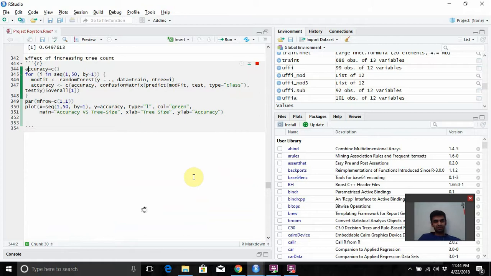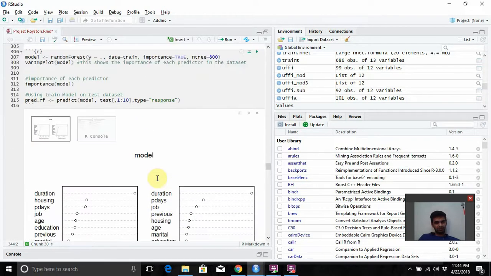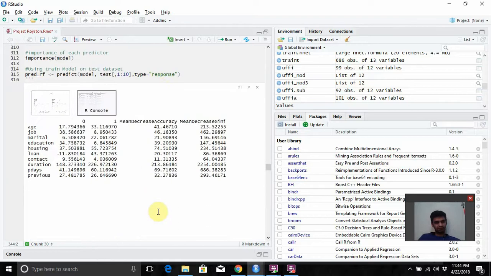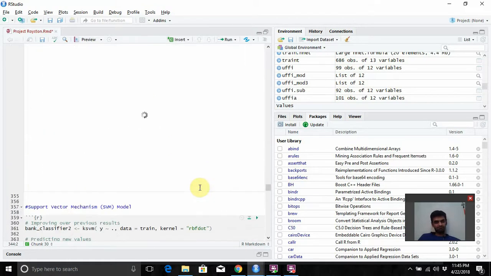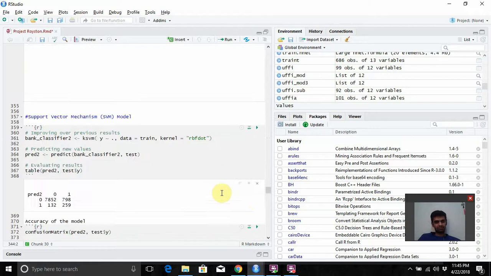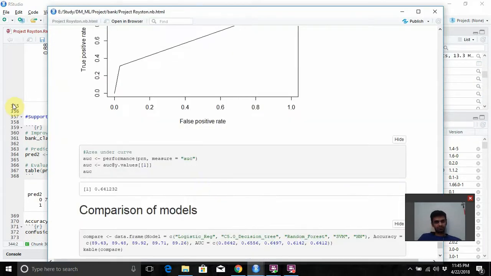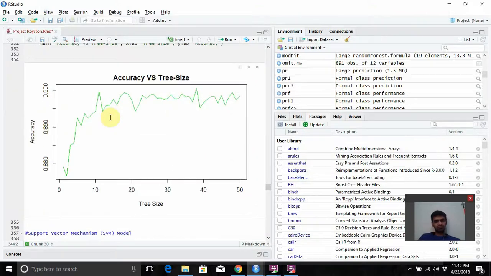Well, it's a big dataset, and it takes time. Mean decrease accuracy. All good. Thank you.